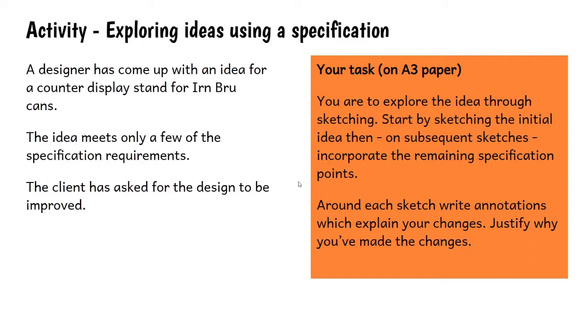And here's a clue for you. The reasons for making those changes should either come from the sentences in the specification or from some other piece of design knowledge that you know. So let's imagine that you change the material, from wood to plastic.